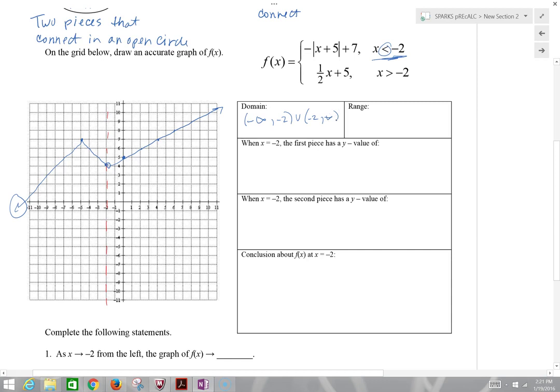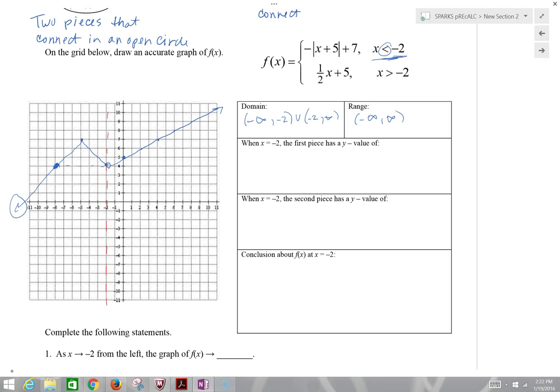For our range, that circle is maybe not filled in right there, but it gets filled in by this part of the graph over here. So that is included in our range. So it's negative infinity to positive infinity.